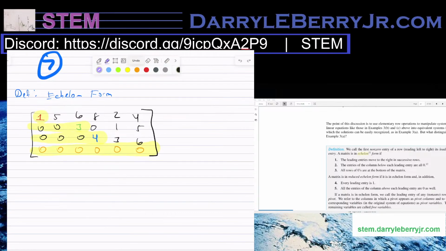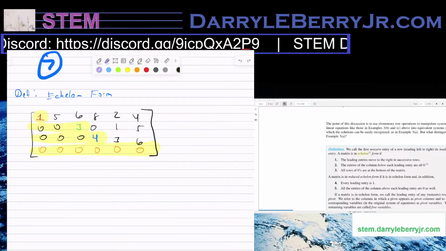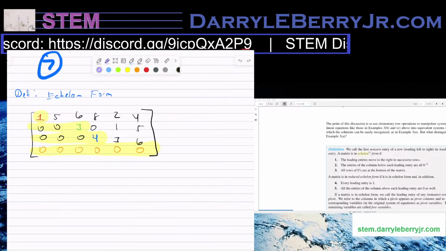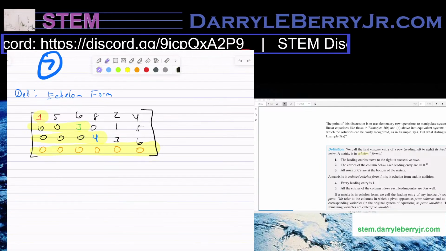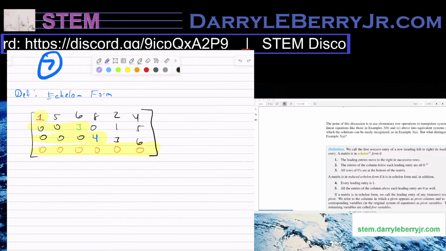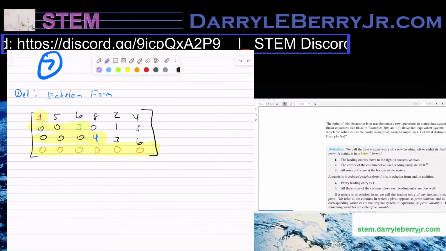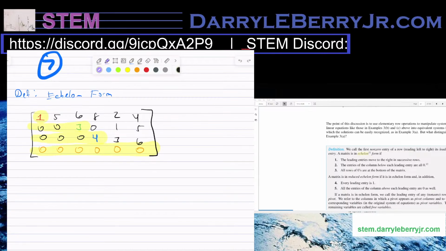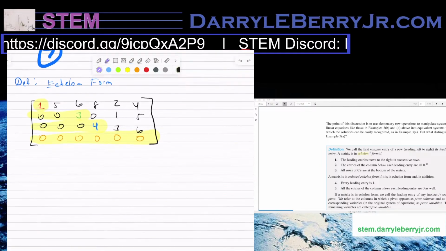So just make sure that you swap the rows around so that, in as much successive order as you can, the next leading number has all zeros in front and below it, and all zero rows are at the bottom. So this is echelon form.